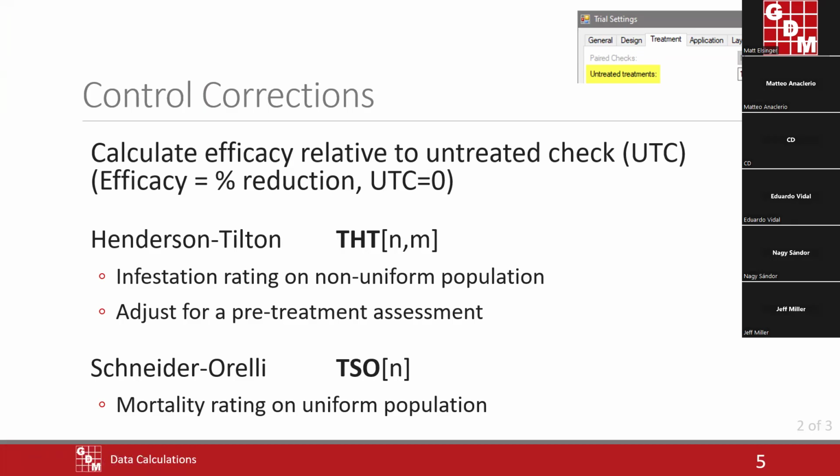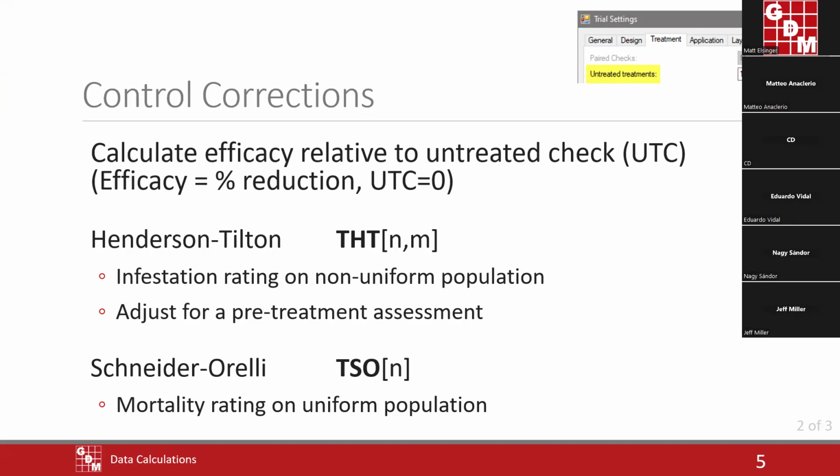Couple other ways to calculate efficacy. There are a couple of other calculations for different types of research. First one here is Henderson-Tilton. Most commonly infestation rating for a non-uniform population.